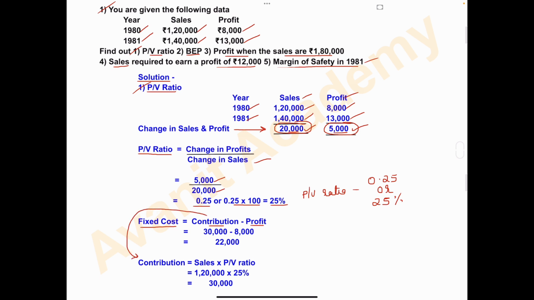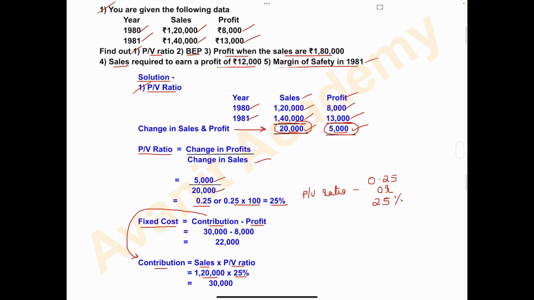The formula to calculate contribution is sales into PV ratio. Sales amount, we will take 1980's, that is 1,20,000 into PV ratio 25%, or you can write 0.25.